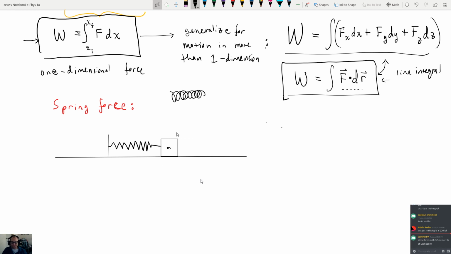And the way the spring is going to work is it's going to have what we call an equilibrium position that we refer to as x equal to 0. This is the equilibrium position. The spring is neither stretched nor compressed.